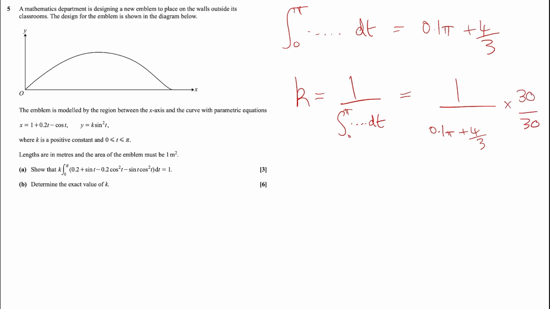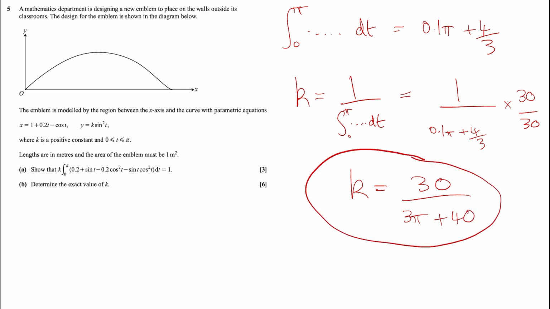Now why 30? Well, 0.1 pi is pi over 10, and the lowest common multiple of 10 and 3 is 30. So when I do that, I get 30 over 3 pi plus 40. And this is a bit nicer now. It's still not a very nice value, but that is the answer. Really hope this helped. Keep revising. See you for the next one.